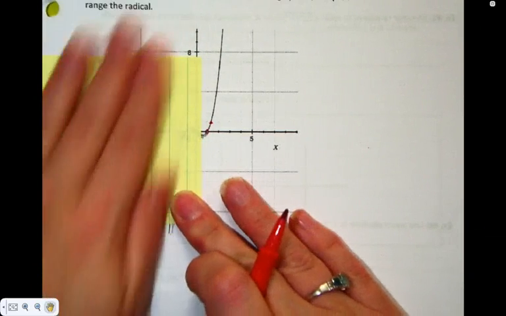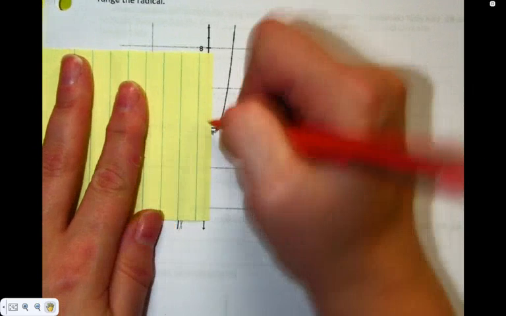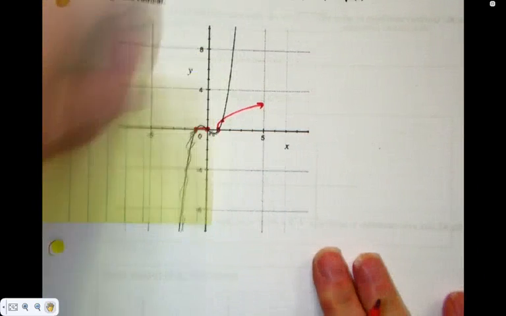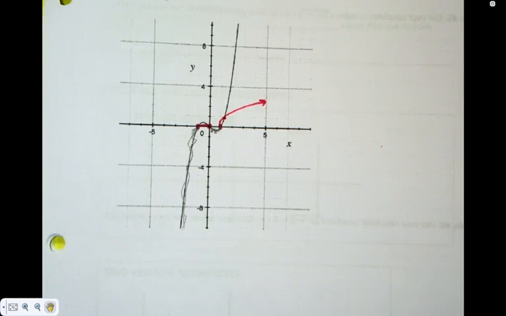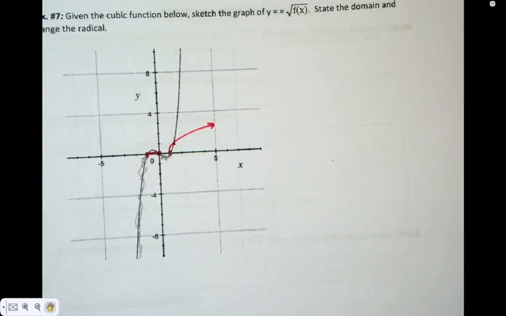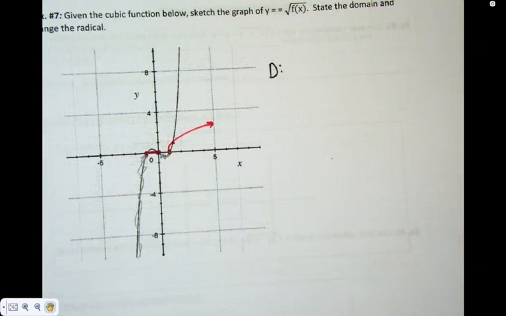Okay, now I'm just going to look at this half of the graph. Swoop or mountain? Got to be a little swoop. There's the cubic. Hardest part is the domain. So again, let's just look at the pieces.